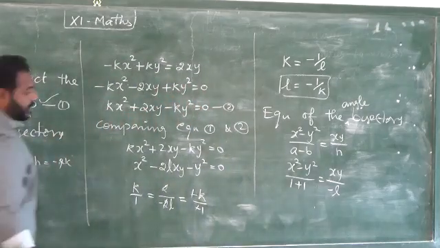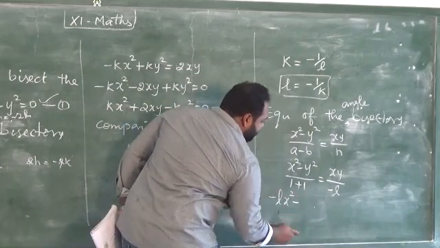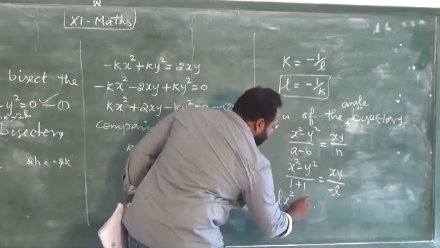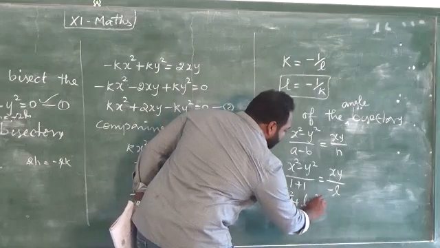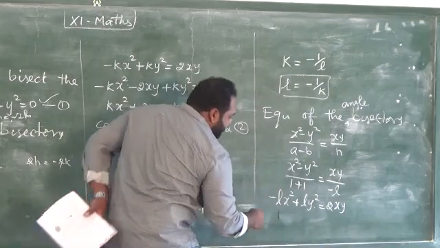Now minus l x square minus into minus plus l y square equal to 2xy.